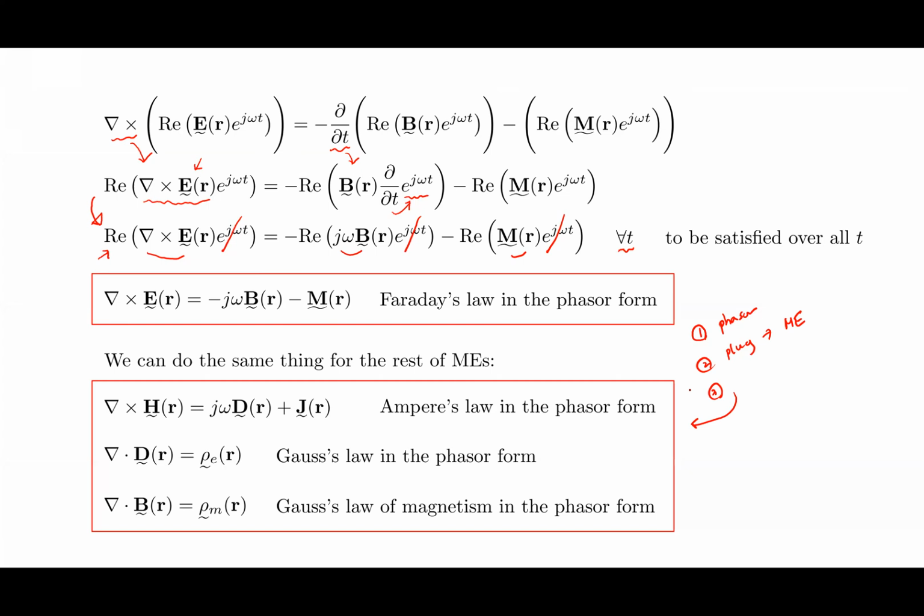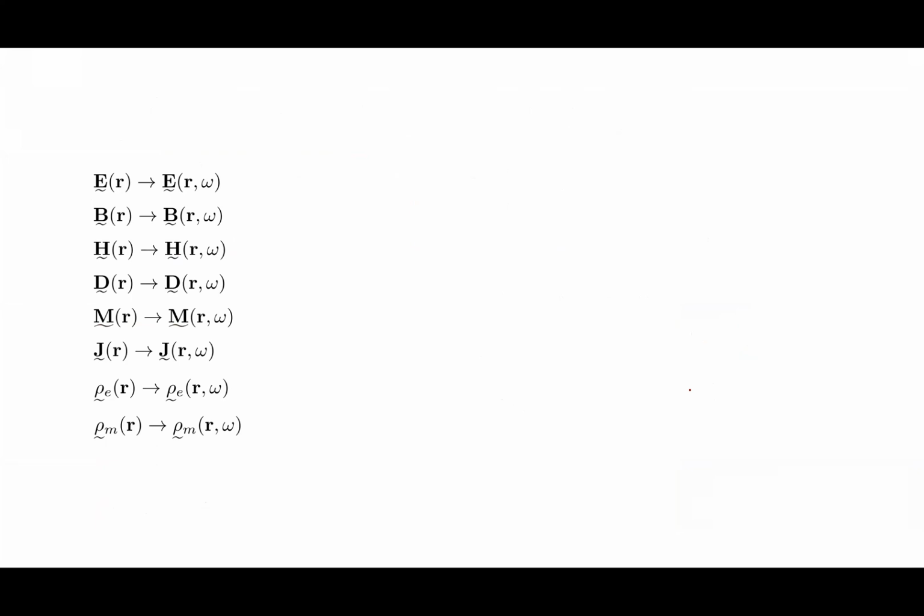So again, this is for the time harmonic signal, just a single frequency. It turns out that this phasor is not only a function of space, it should be a function of omega.